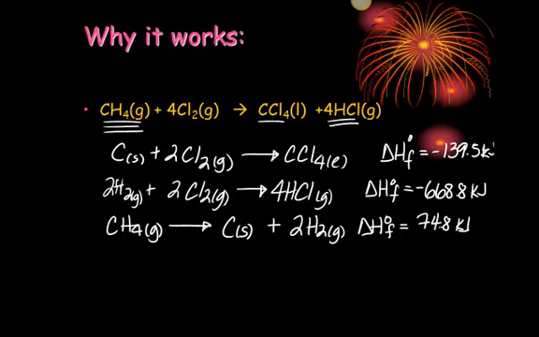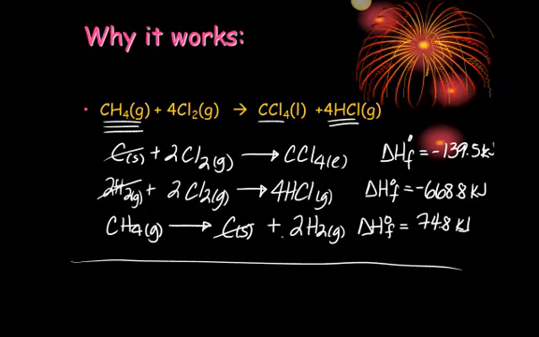Now, according to Hess's law, if those three reactions added together give me the one I'm looking for, the delta H's added together will give me what I'm looking for. So if I add those together, you'll see that the carbon in the first reaction cancels with the carbon in the third. The 2 hydrogen gas at the beginning of the second reaction cancel with the 2 hydrogen gas in the third reaction.